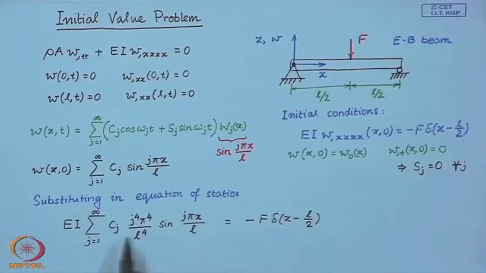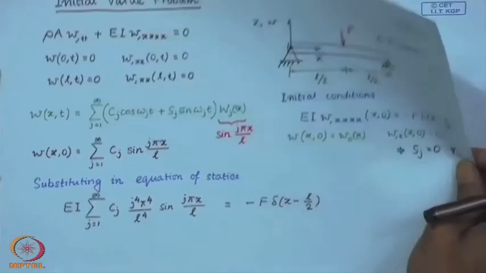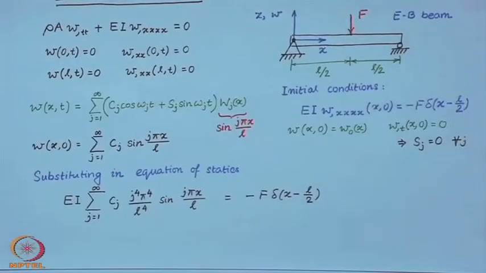Now, to solve this, we follow the standard procedure. We multiply both sides by sin k pi x over L and integrate over the domain of the problem. So, we take the inner product.